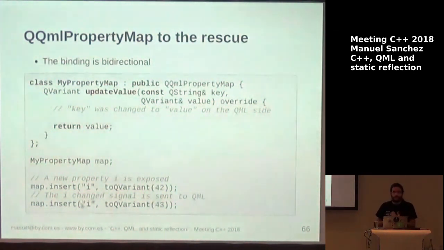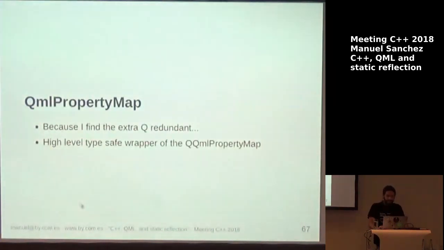Then if you set the value again of the property, the QML will see it as a change of an existing property. That is, if you have a binding against that property, the left side of the binding will change following the change of the I variable. So it's perfect. It's exactly what we need for the task.